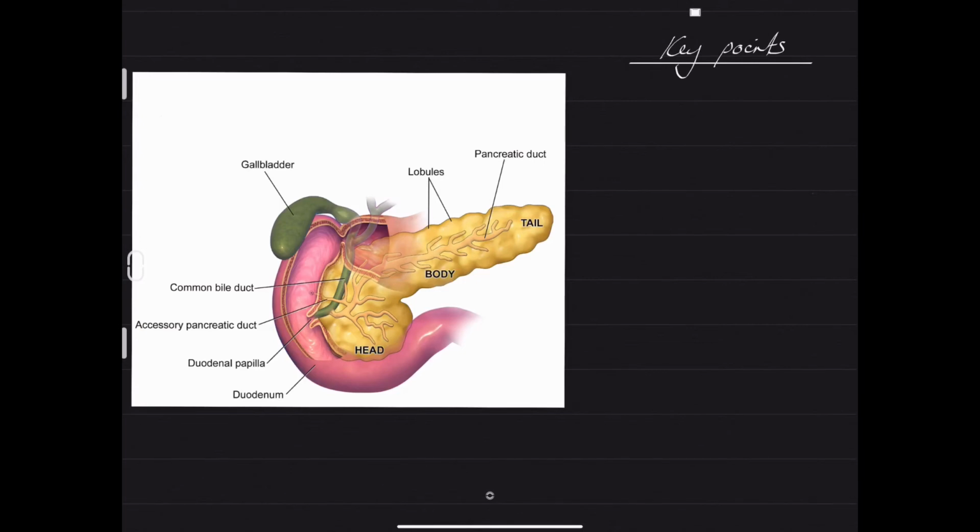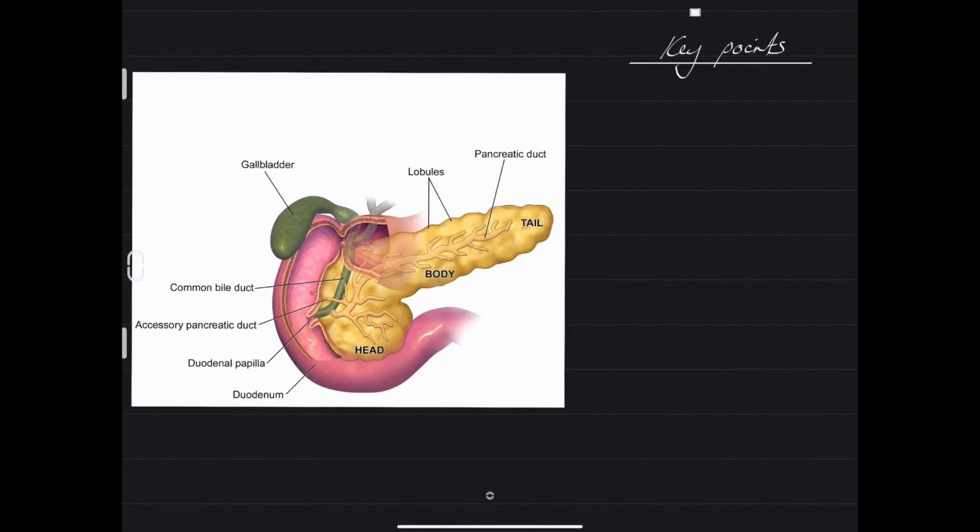Now, what you also need to be aware of here is the role of the gallbladder, and how the gallbladder also plays an important role. The last point that we looked at was how the enzymes that work in the small intestine all need an alkaline environment to work well.